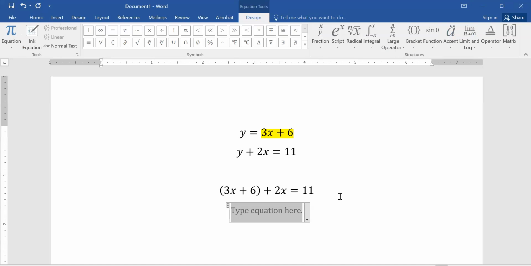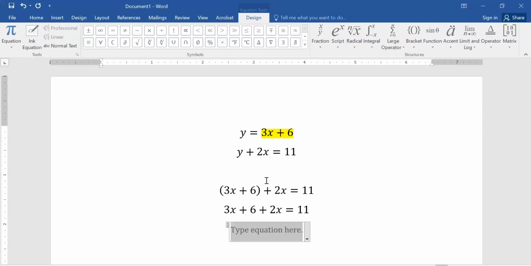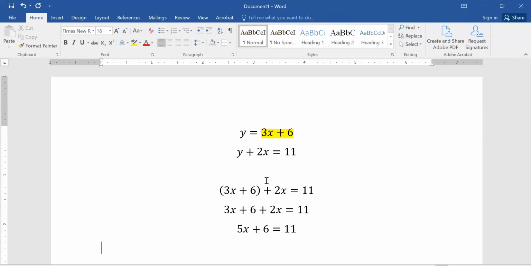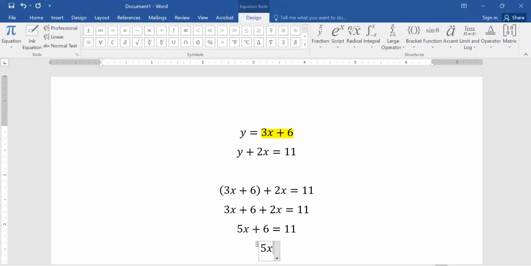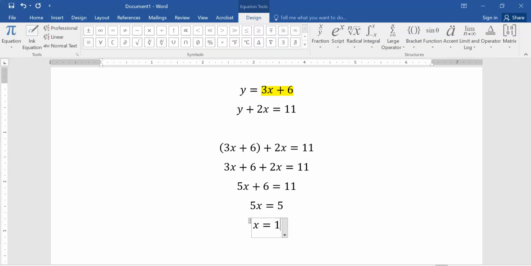Now I can combine like terms. I could distribute. If I had a coefficient of y, I would distribute. But since I have no coefficient, it works just like we didn't have parentheses there. So combine like terms, we end up with 5x plus 6 equaling 11. If you subtract 6 from both sides, you end up with 5x equals 5, which means dividing by 5 on both sides, x equals 1.